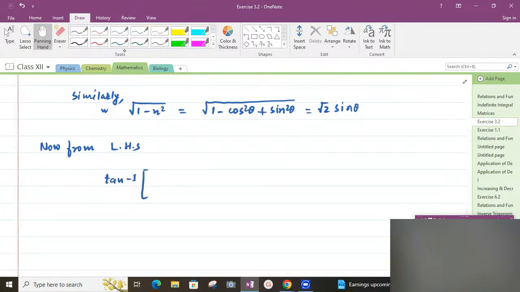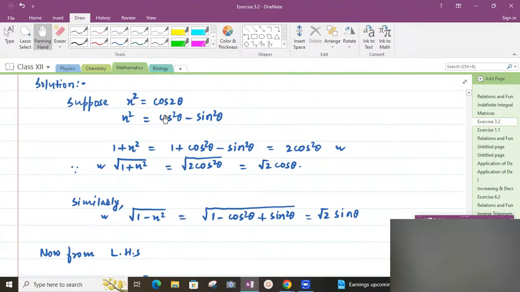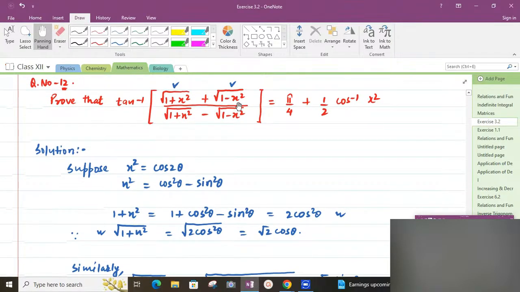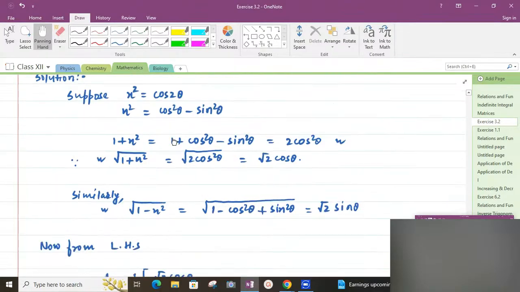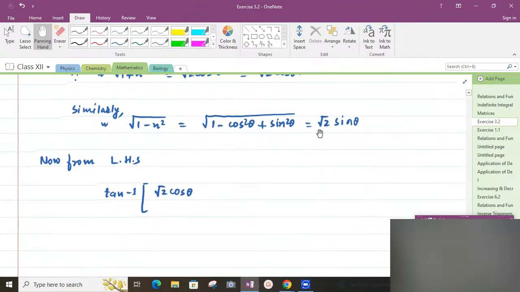So we write down here root 2 cos theta, and let's see plus 1 minus x square over root equal to, we write down here root 2 sin theta.